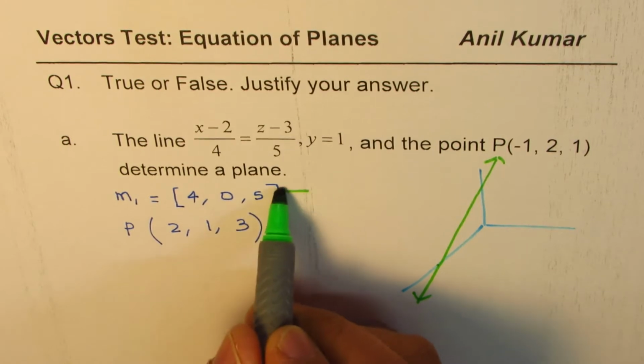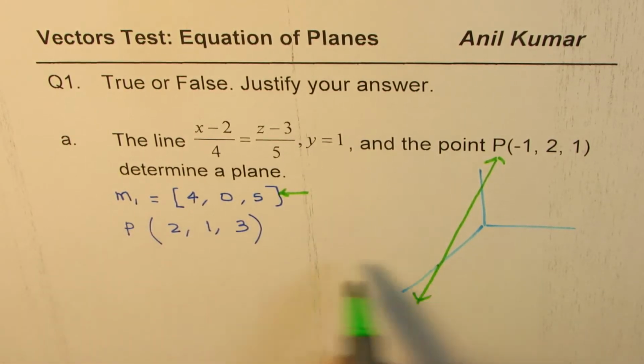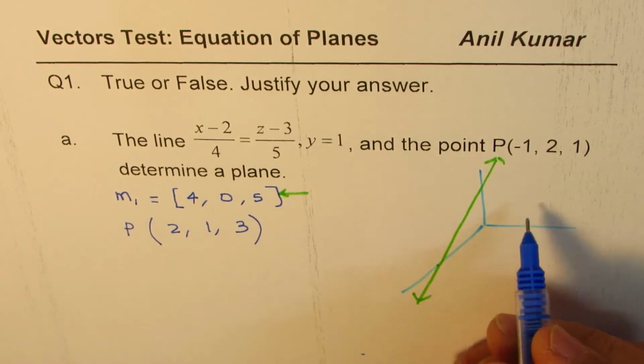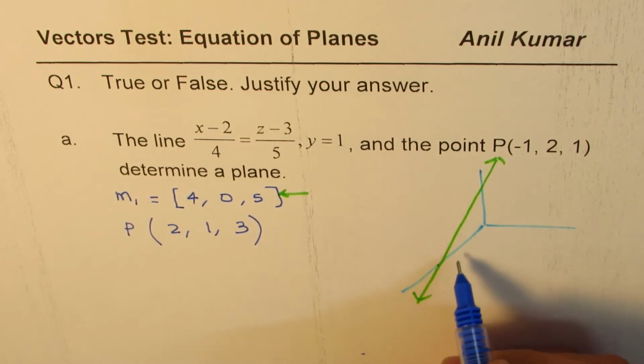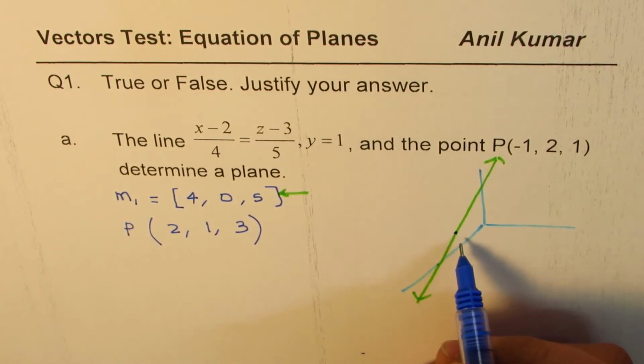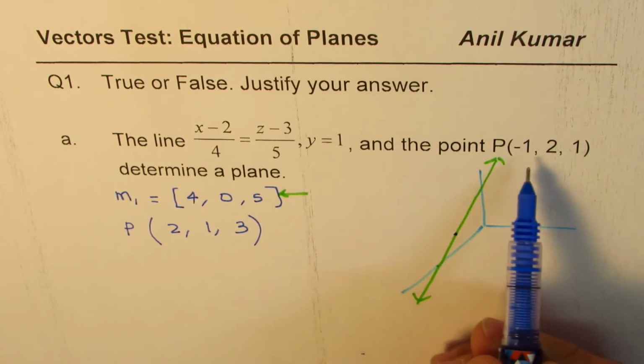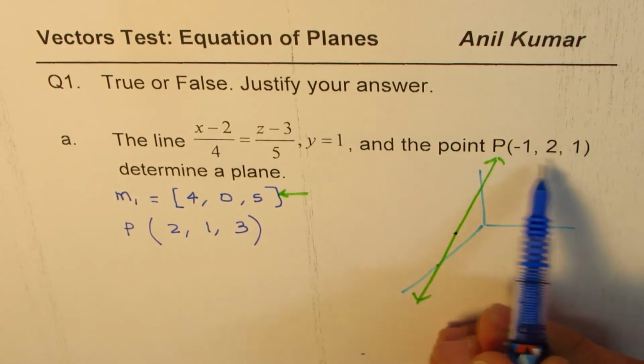So that is the direction. And somewhere on this line, we are also given a point, right? So 2, 1, 3. So let me just mark 2, 1, 3 at random. Okay, let's say some point is given to us. Now we are given another point which is minus 1, 2, 1.